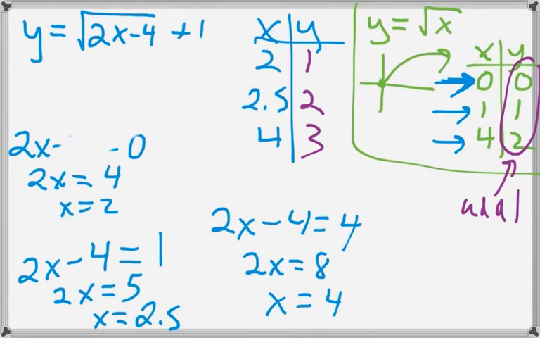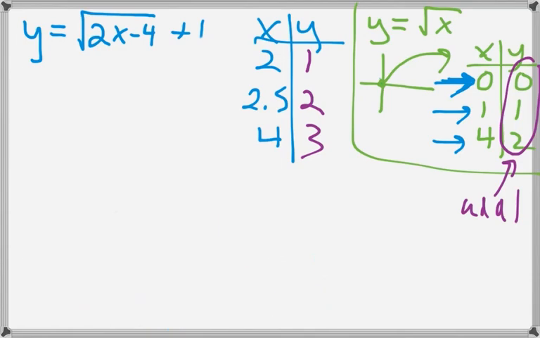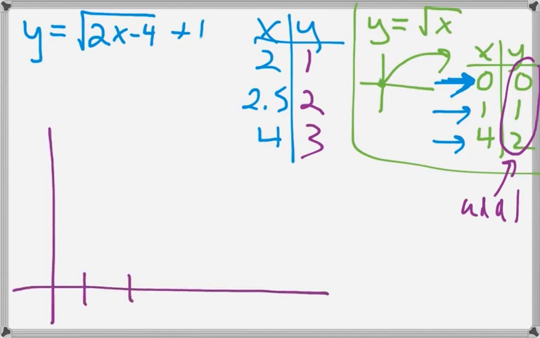Okay, so I'm going to give myself some space to graph this here. Okay, so (2, 1), (2.5, 2), and (4, 3).